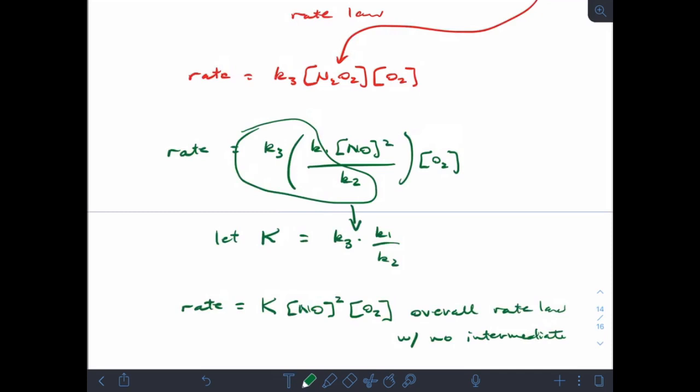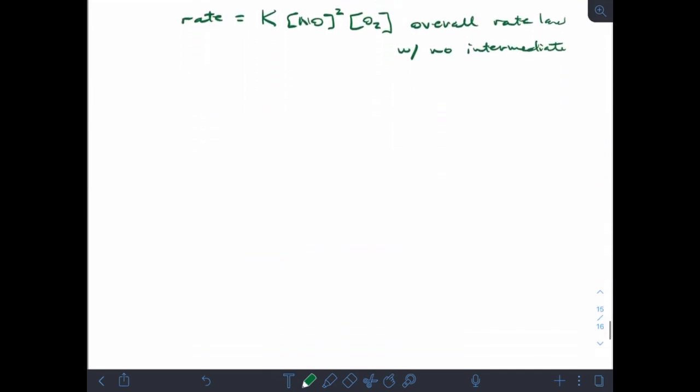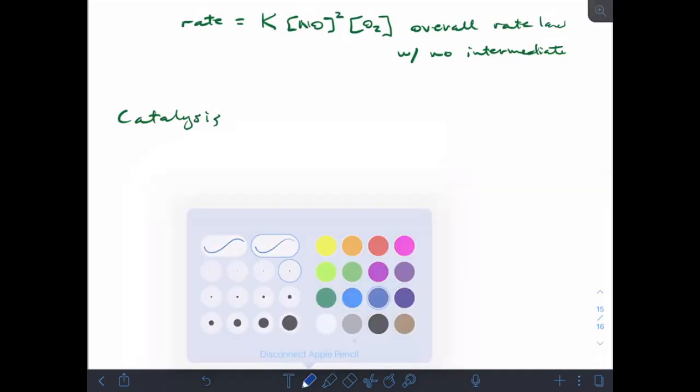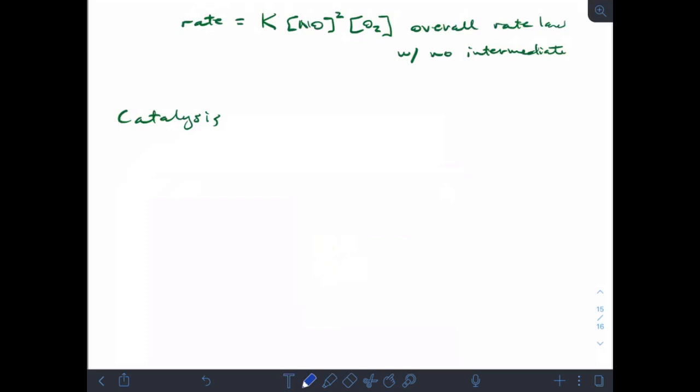Okay, so our last topic for chapter 14 is catalysis, or the introduction of a catalyst. Now, there are two types of catalysis. One is called homogeneous catalysis, which is done in solutions.